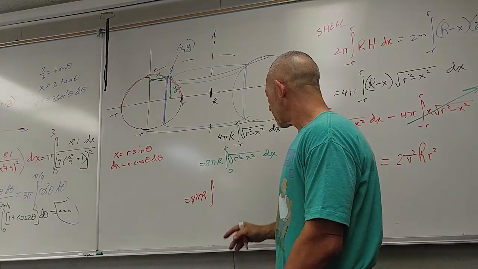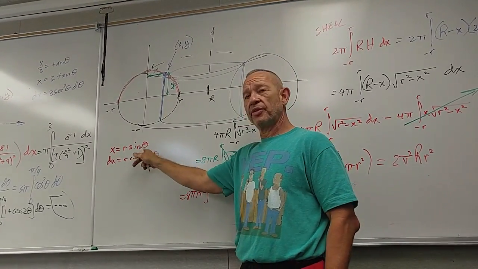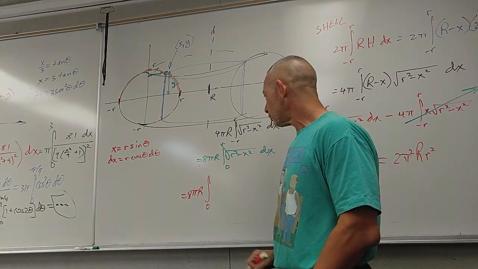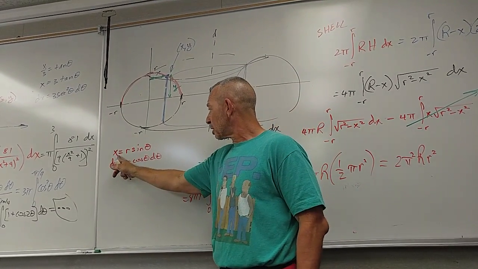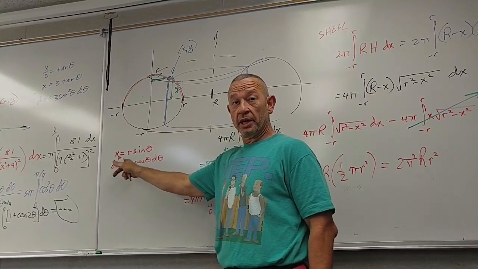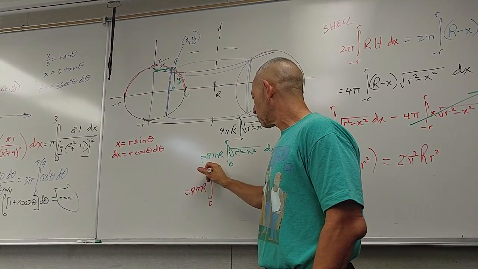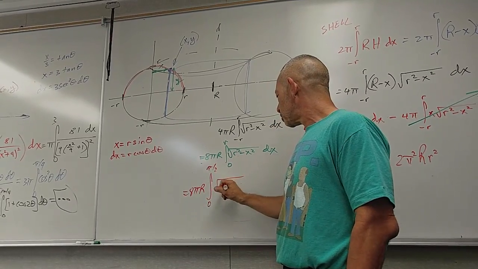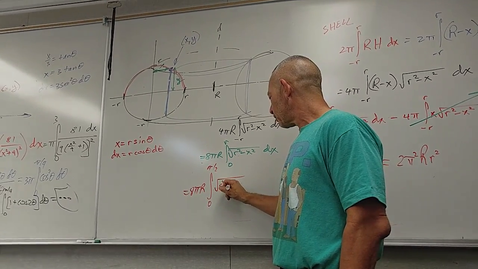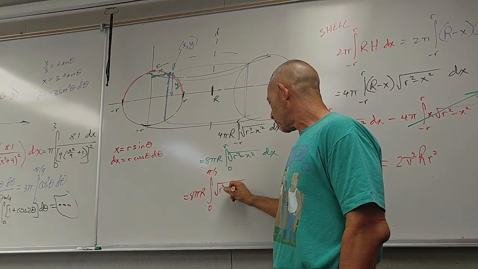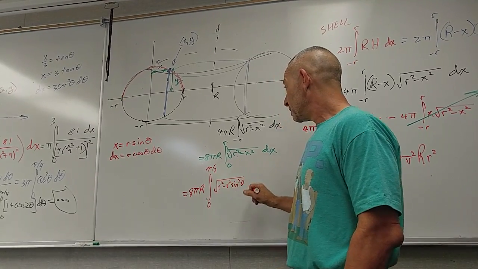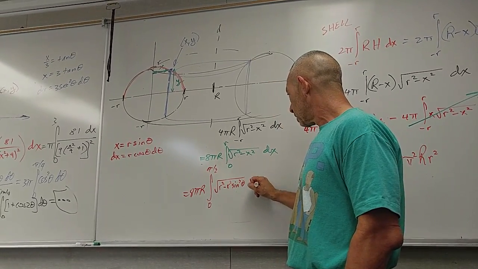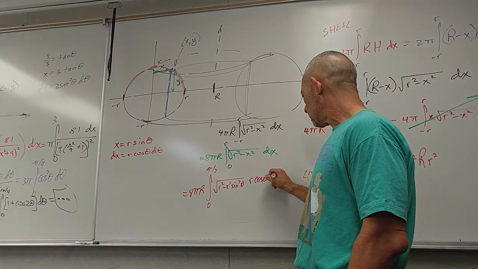New limits of integration: when x is 0, theta is 0. When x is little r, sine theta is 1, so theta is pi over 2. This becomes the square root of r squared minus r squared sine squared theta. dx is little r cosine theta d theta.